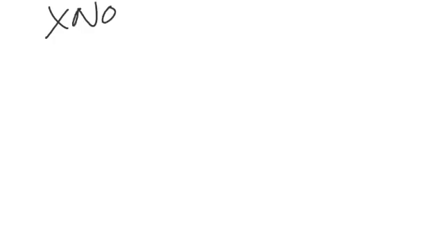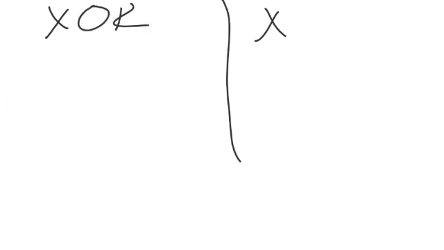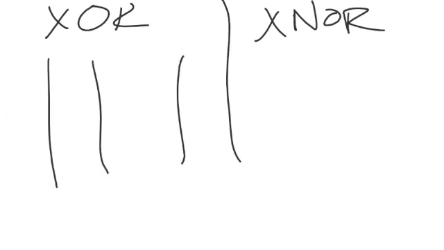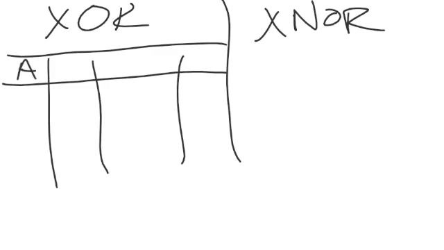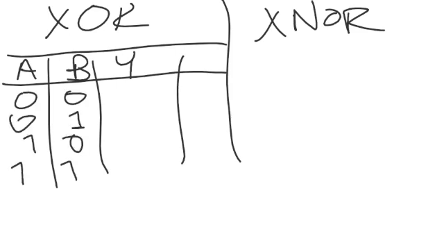XOR. For the truth table, A, B, Y, 0, 0, 0, 1, 1, 0, 1, 1.